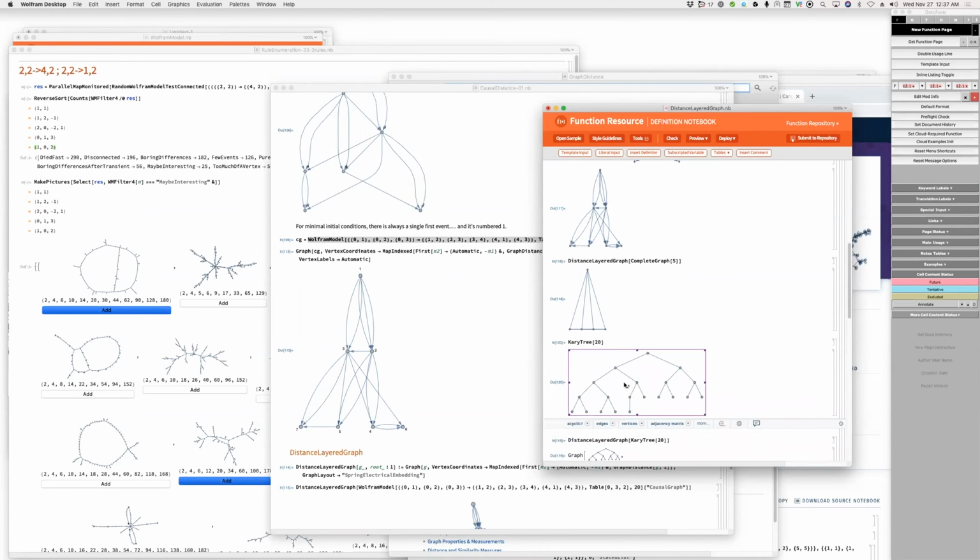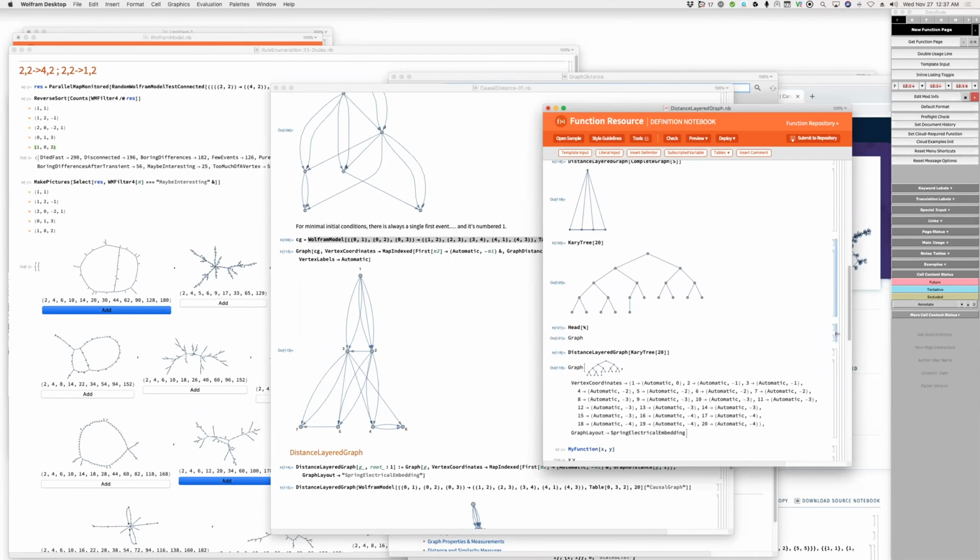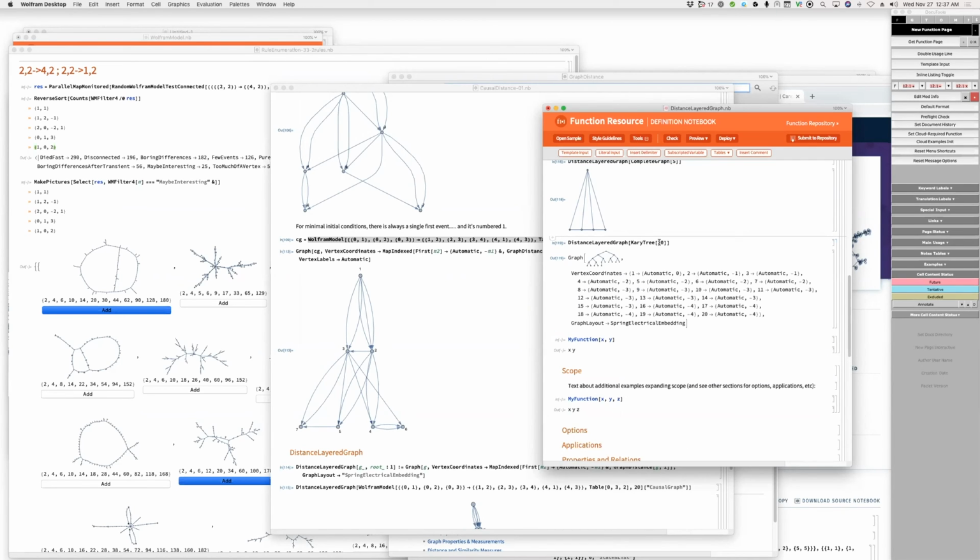Can you check the head of it? Inspect its head. Ah, it's a graph. Okay. Oh, does it have the event one? Or vertex one, maybe.